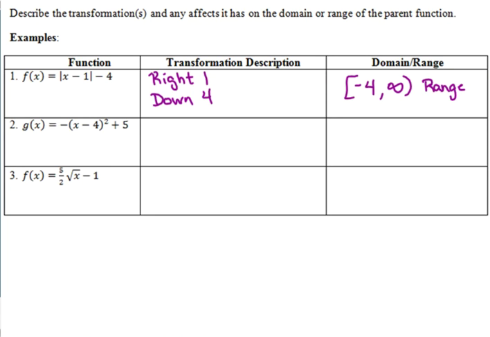So if we start with the x, what's happening to the x? The minus 4. So what does that do? Right 4. As we move our way out, now we've got the negative. So after we move it right 4, then we reflect. And then last, we move it up 5.